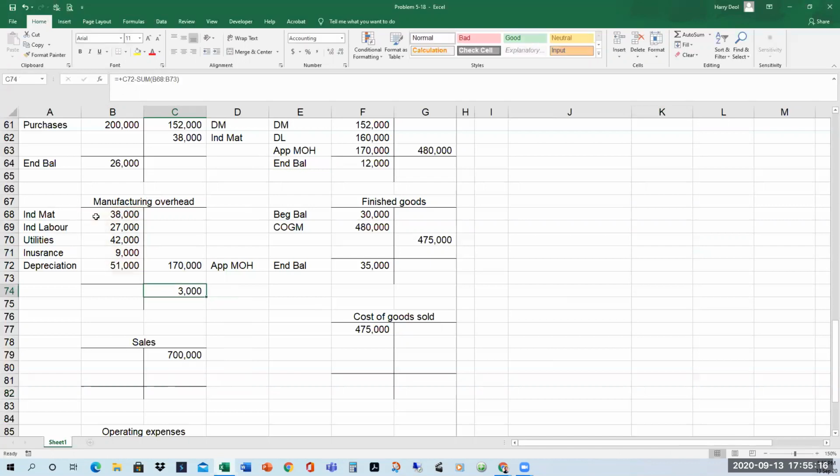A credit balance means the applied manufacturing overhead was over applied, right? We have an over applied manufacturing overhead. Now, the over applied manufacturing overhead, according to IAS 2, must be prorated, right?